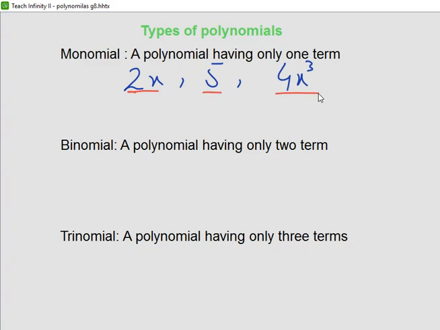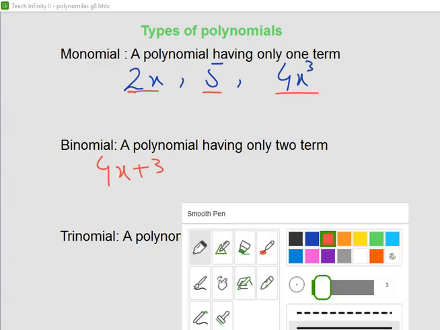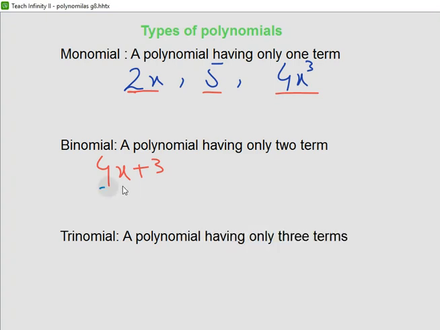Then another one is binomial. Bi means 2. A polynomial having only 2 terms is called a binomial, like 4x plus 3. Now you can see here we have 2 terms, 4x plus 3. The mathematical operator, plus or minus, is included, so that is why. So this is example number 1.